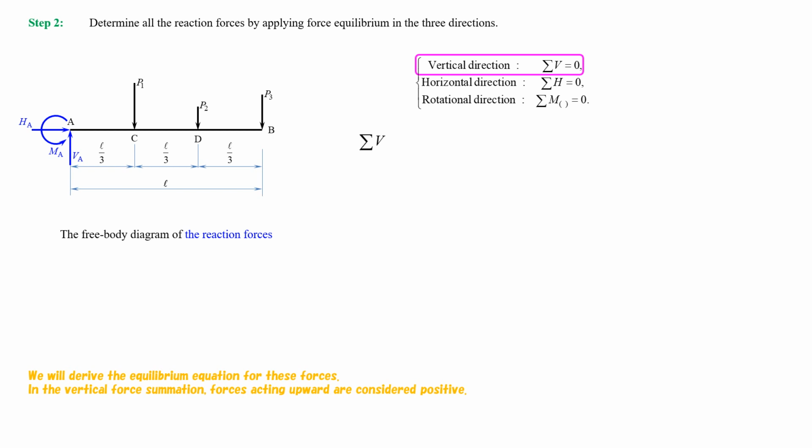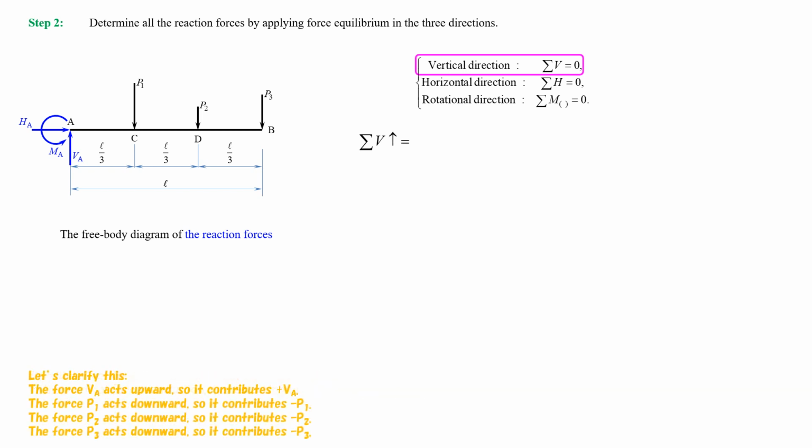In the vertical force summation, forces acting upward are considered positive. Let's clarify this. The force VA acts upward, so it contributes plus VA. The force P1 acts downward, so it contributes minus P1.